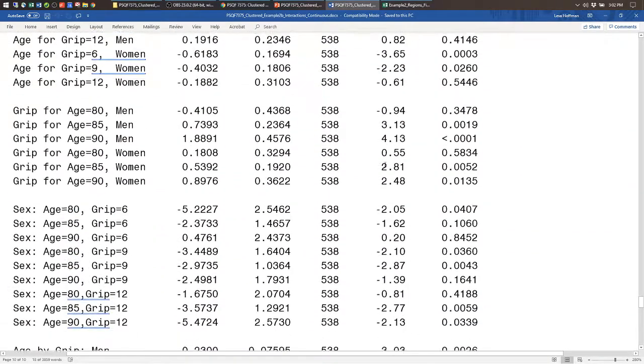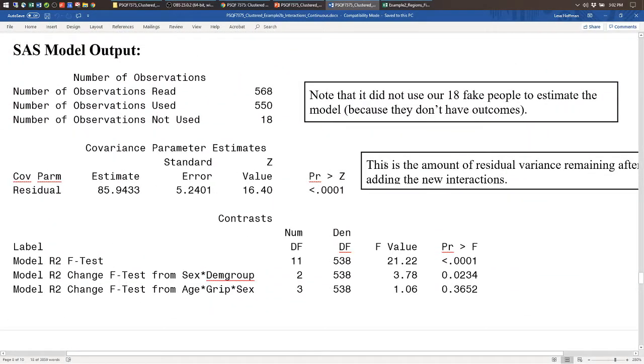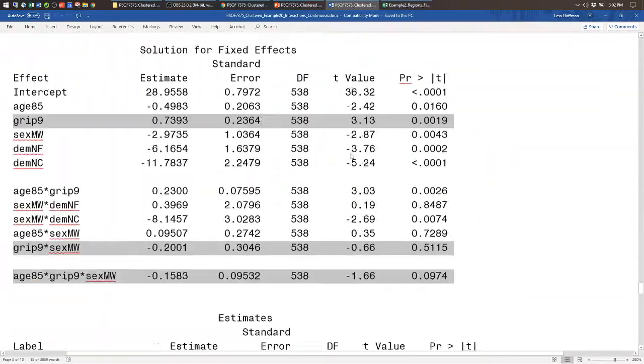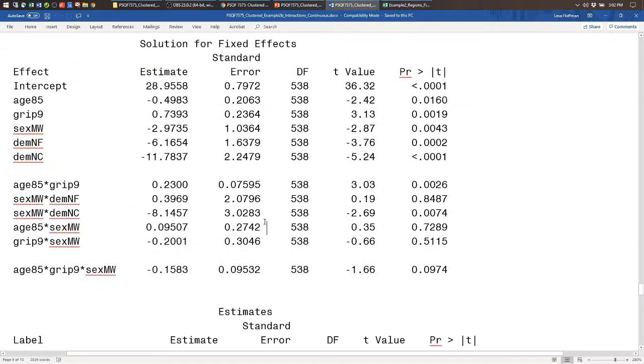But the key idea is that the model tells you the three-way interaction says whether each of its constituent two-way interactions, so these three right here, age by grip, age by gender, grip by gender, this equally says whether each of those is moderated by the one that's missing. So you can talk about it any of those three ways.